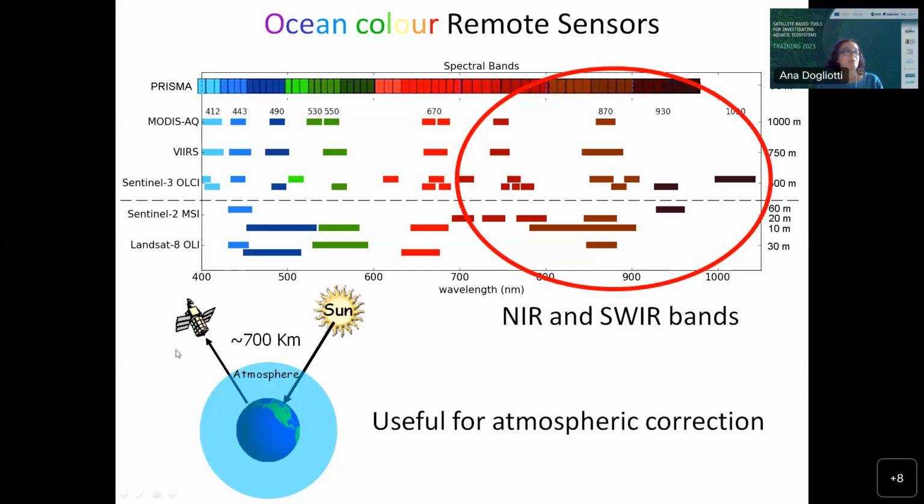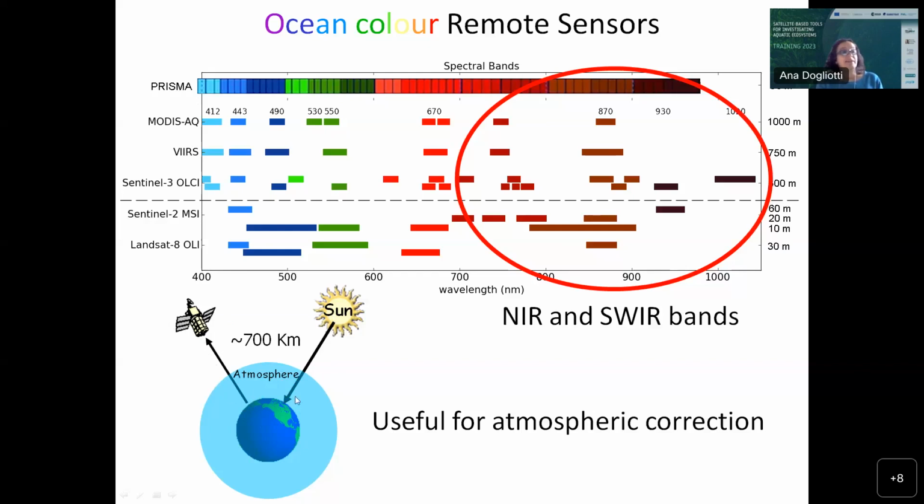When we have a sensor, it is usually around 700 kilometers away from the Earth. Basically, it is detecting information where the energy originally comes from the sun, interacts with the atmosphere, then with the water and surface, then goes back to the atmosphere, interacts again with the atmosphere, and finally gets to the sensor.